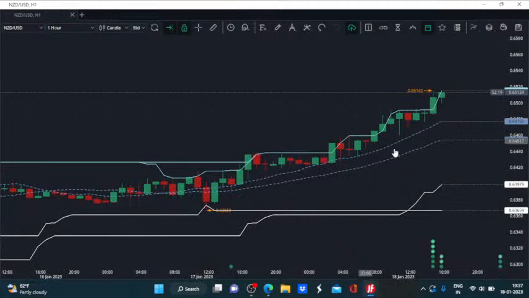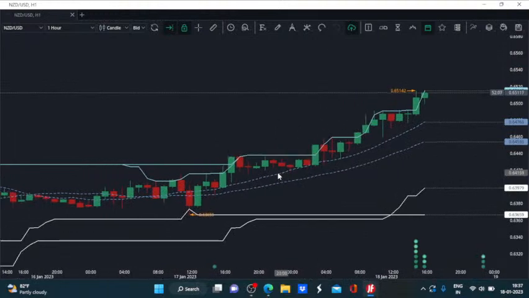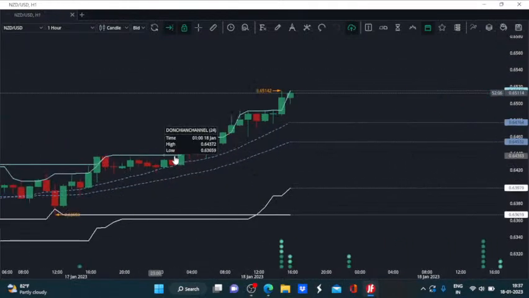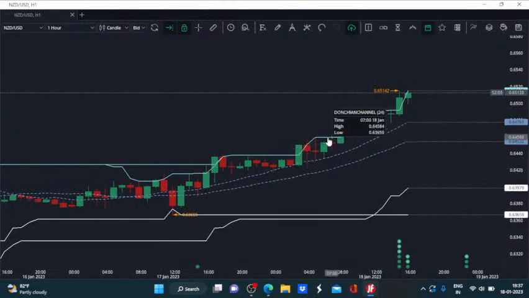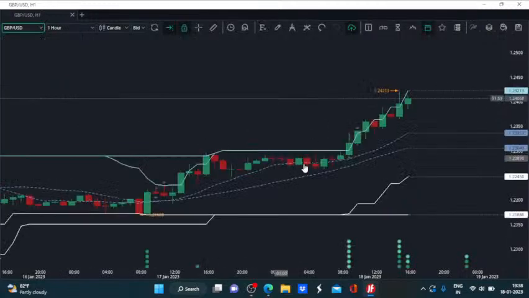Yes, for the NZD, the corrections have been even shallower, and I think it is rivaling the GBP in its upward momentum. If we look at the magnitude of gains for the NZD, it is substantial, almost around 1 percentage point. GBP, I think it is more for the GBP.